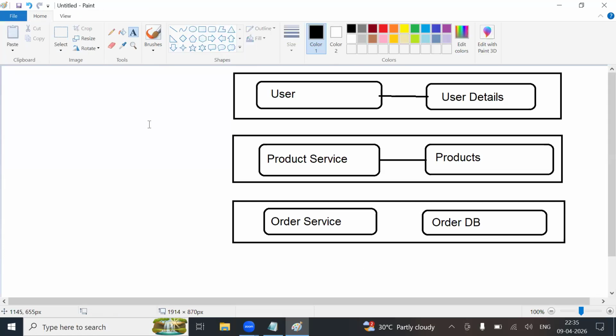So every independent service has an independent database here. Say yes or no?